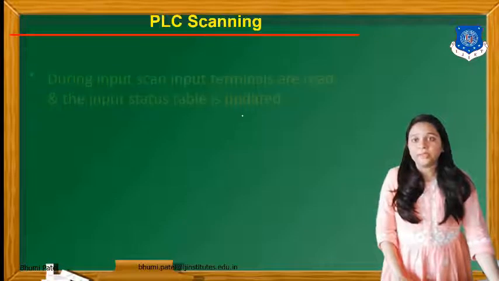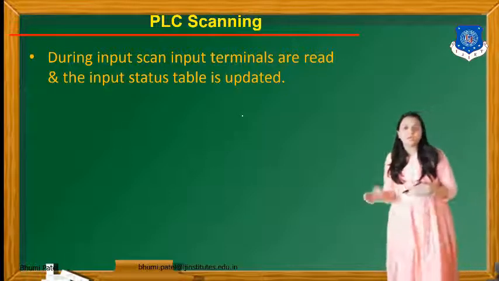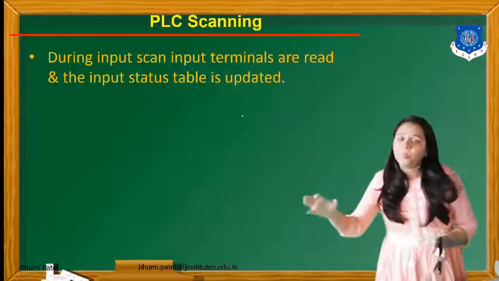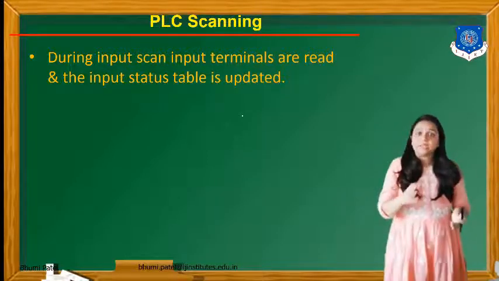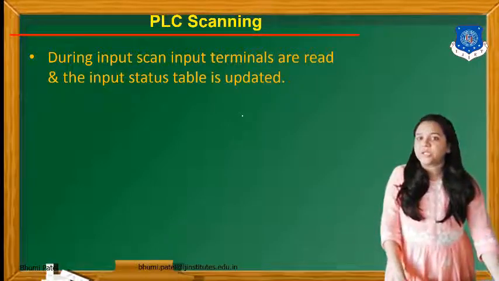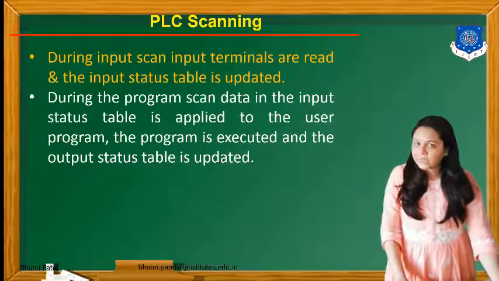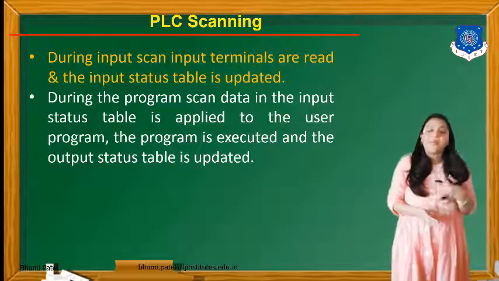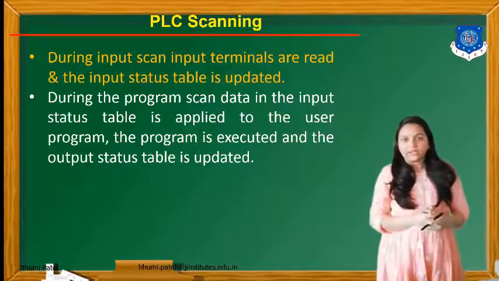Now during the input scan, the input terminals are read and the input status table is updated. The input status table is what we studied in chapter number 1. During the input scan, the input data is read and the input status table is updated. During the program scan, data in the input status table is applied to the user program, the program is executed, and the output status is updated.